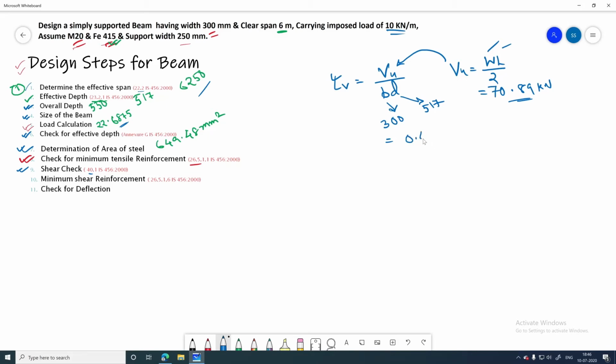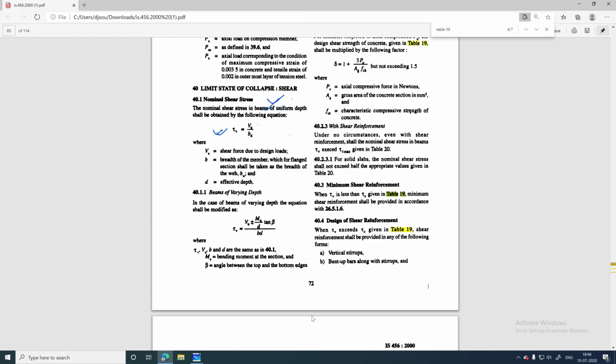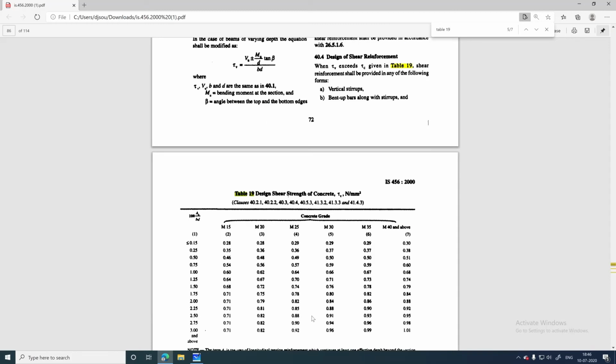Okay. Now we need to determine the tau c, and it will be coming from table number 19. Okay, so let's go to table 19. Yeah, so this is the table 19.